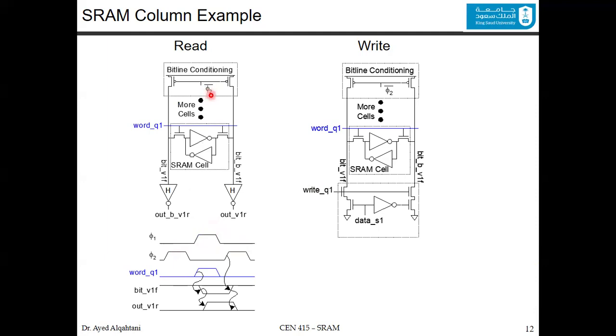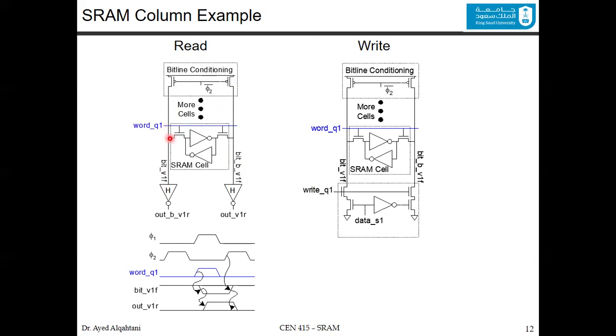So in phi2, when it's active, this PMOS transistor will be on, and this one also will be on. Both transistors will be on, so the VDD will be connected to the bit. This is the bit, and the bit bar. So at the beginning, in the read, you will have 1 and 1.